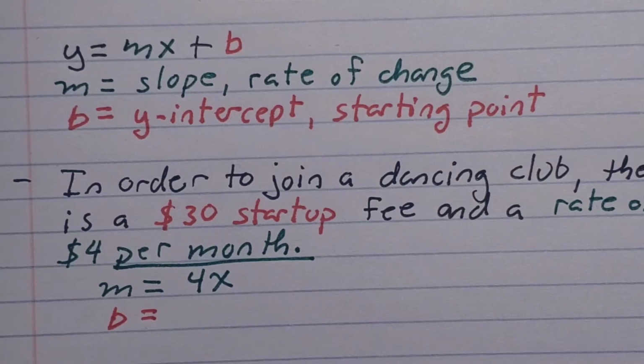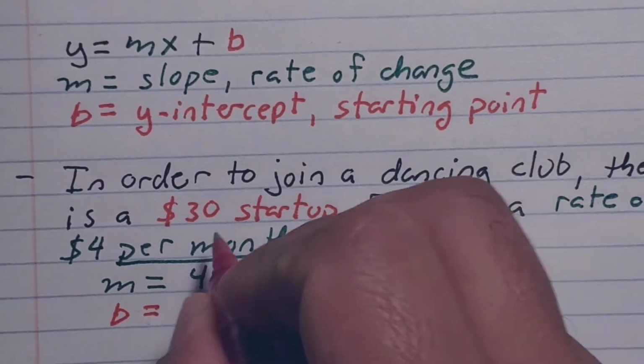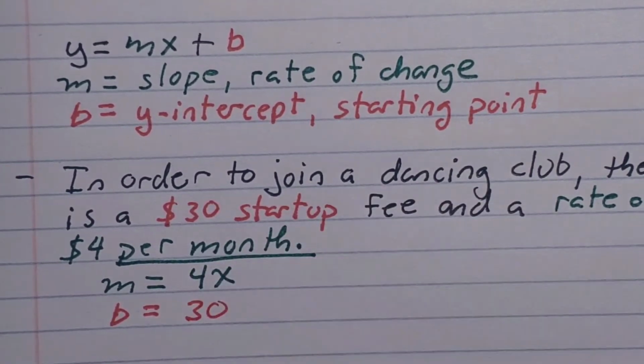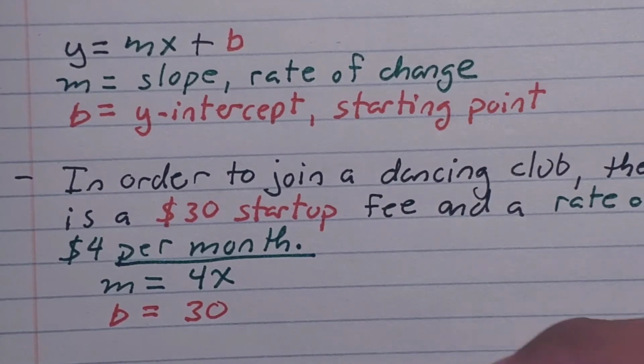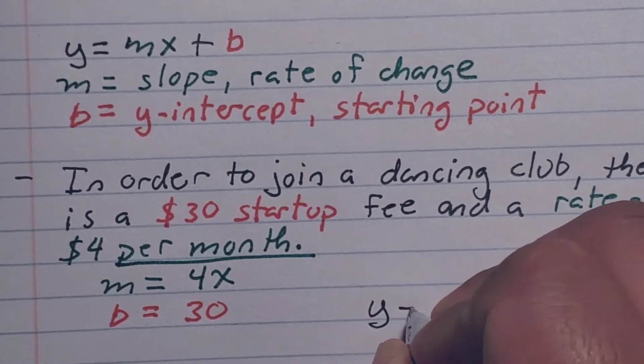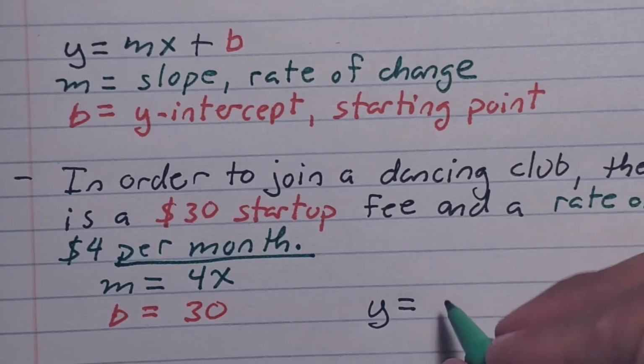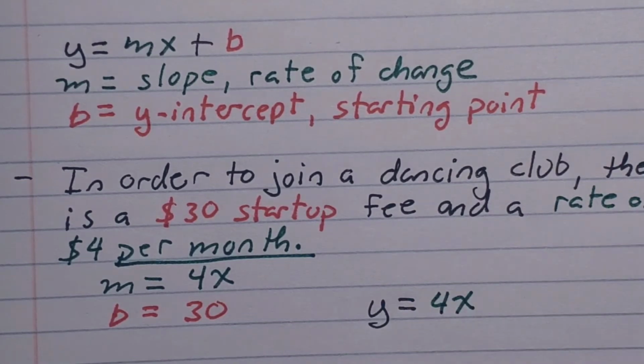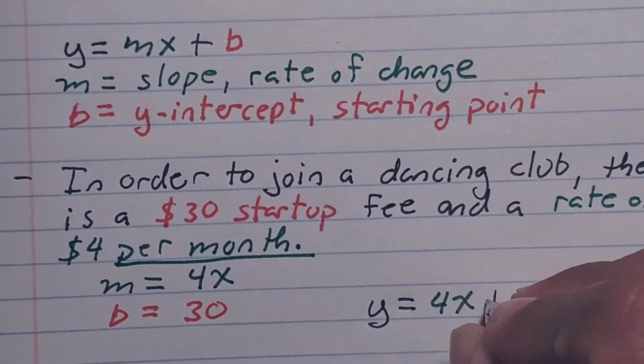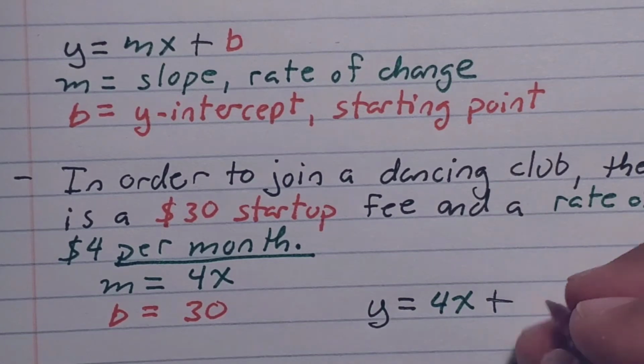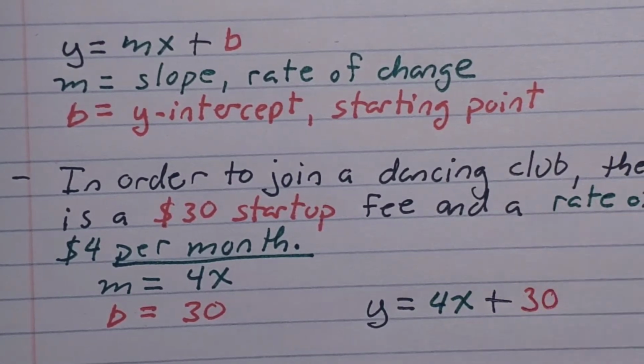My starting point, or my y-intercept, is going to be what? $30. So how are we going to write this out? It's going to be y equals 4x plus 30.